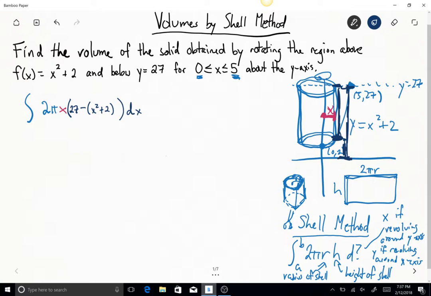Okay, and what are our bounds? Where do our x values range from? Well, they go from 0 to 5, and that's actually given to us in the problem. All right, 0 less than or equal to x less than or equal to 5. So now, what do we have? Well, we can pull the 2 pi out. We have an integral from 0 to 5 of, well, notice 27 minus x squared, then minus 2, so that makes 25 minus x squared.